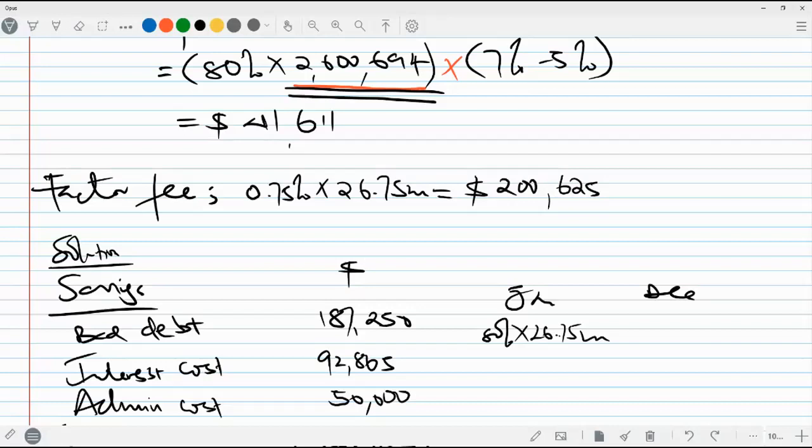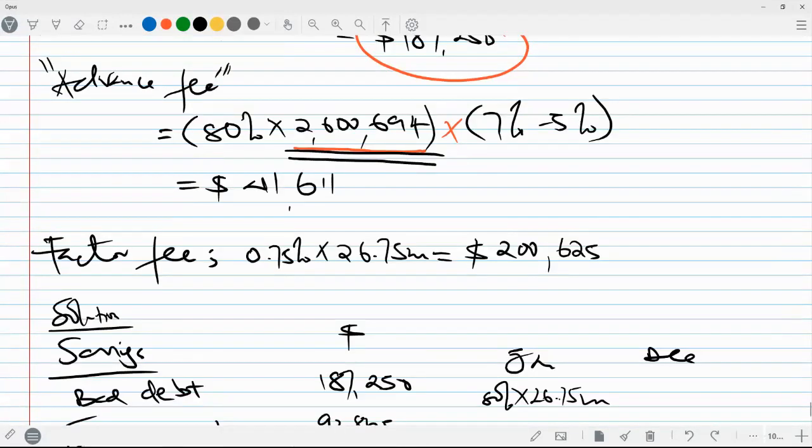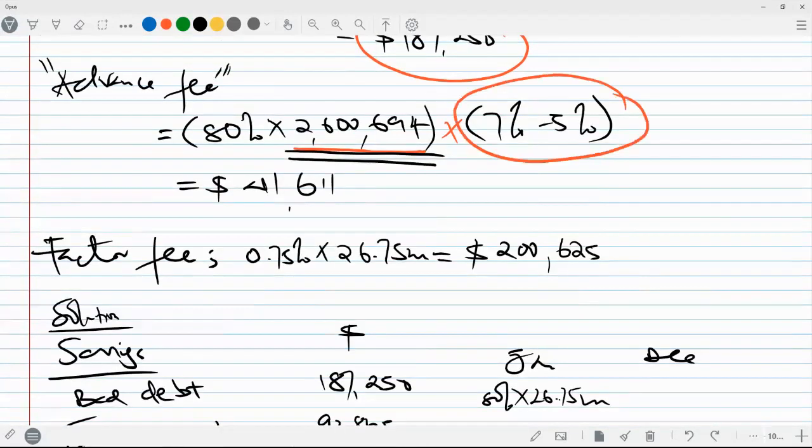Don't forget, as I had mentioned, the factor is not advancing in a vacuum. It's not that there was no one financing you before. Who is this? The bank. At what cost? 5%. Therefore, what's the incremental cost? Incremental cost is equal to 7% minus 5%, which is 2%. Yes, it's 2%.